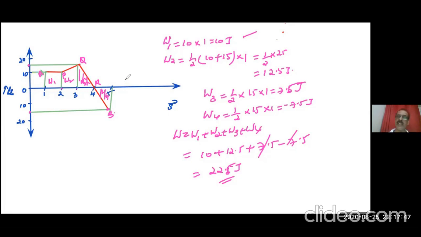If data is given, integration also we can do, that means integration of f dx. First of all, we don't know whether it is a gravitational force or electrostatic force. We don't know what it is. So directly we cannot apply the integration formula here.